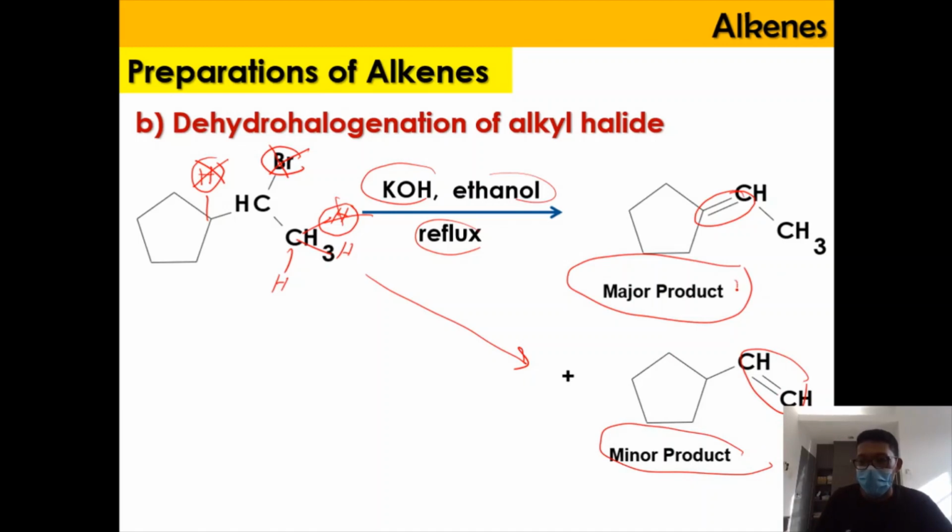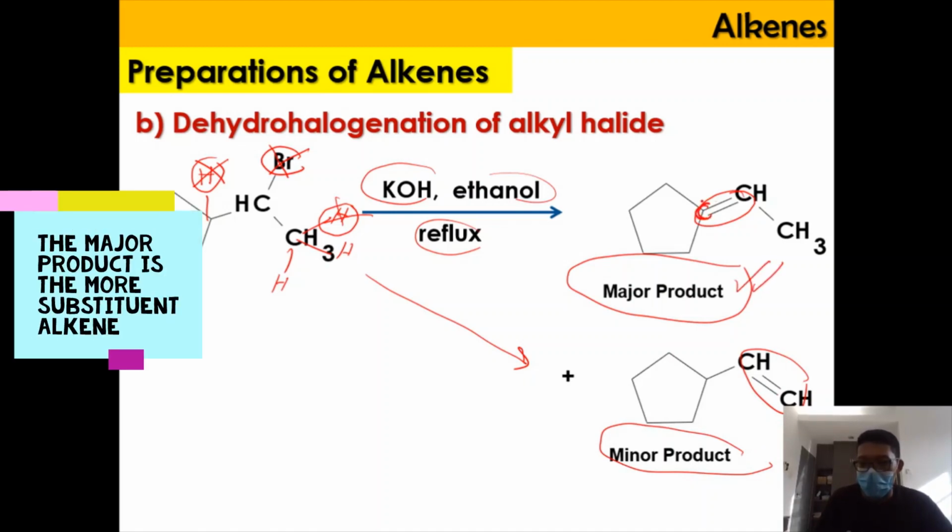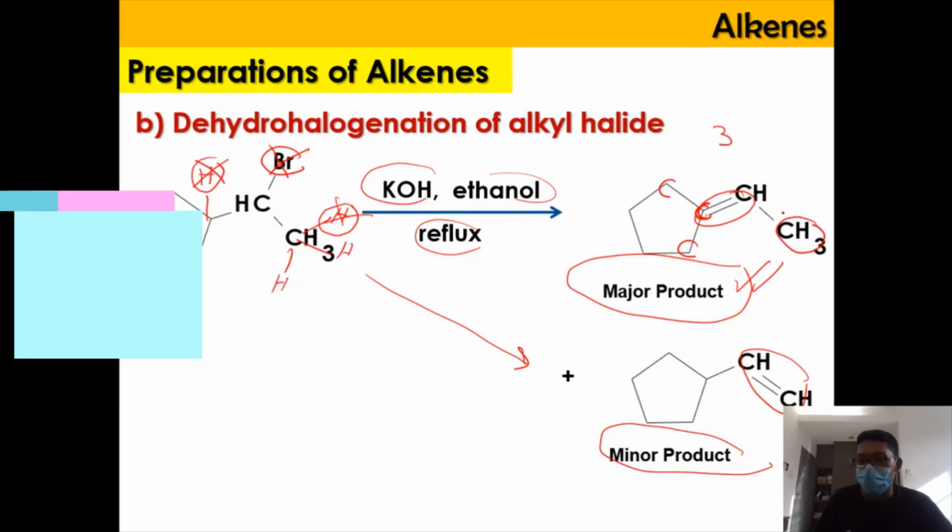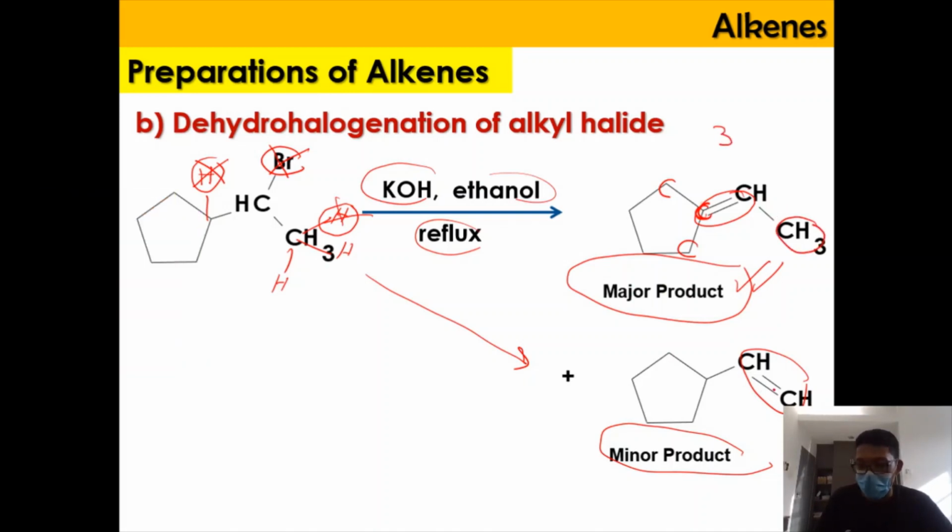This is the major product because it produces a more substituted alkene. So the carbon here is attached to C and C, and this carbon here is attached to another C. So it is a trisubstituted alkene. However, in this case, it only has one because this carbon is attached to hydrogen, and this one is attached to hydrogen and hydrogen.